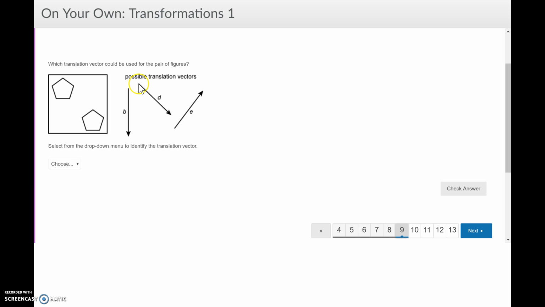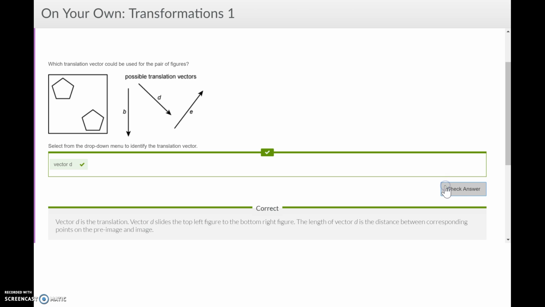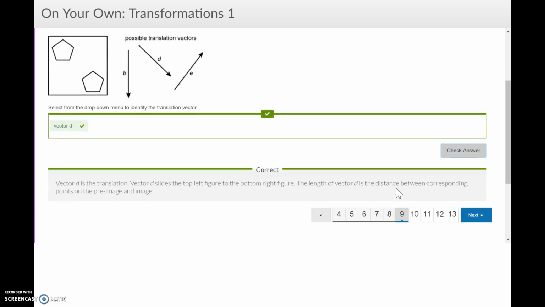If we slide, starting up at the top left, going down to the bottom right, top left, bottom right, it looks like D. We can test E. E is going up, from the bottom left to the top right. If we did that, our pentagon would be up here. Let's try D. Oh, great.